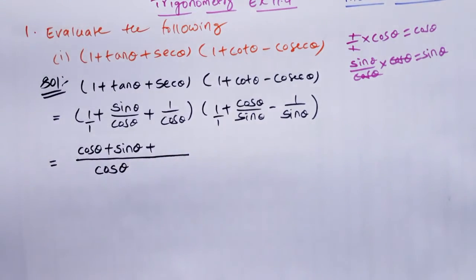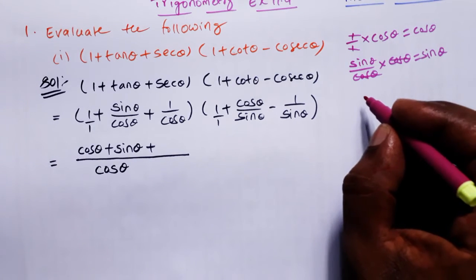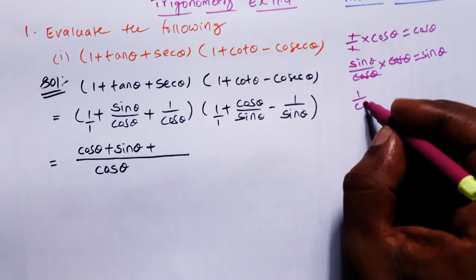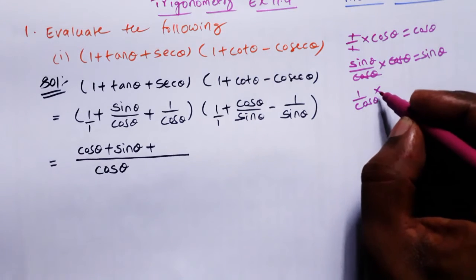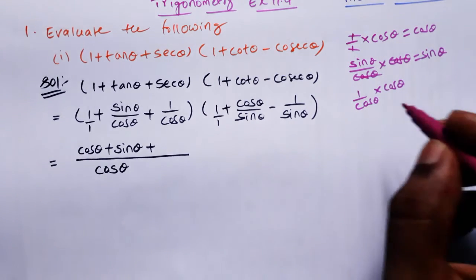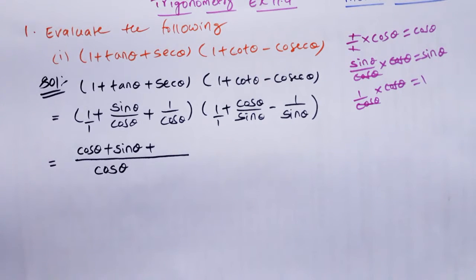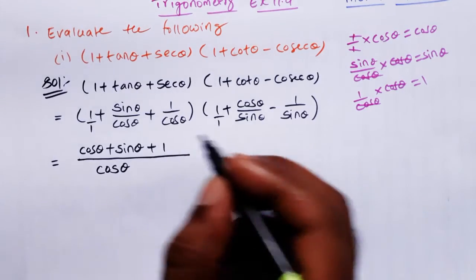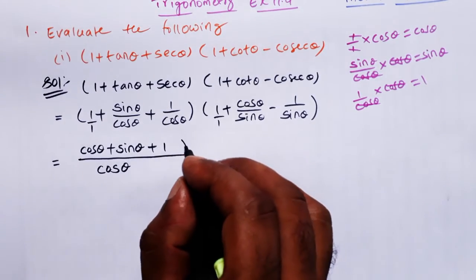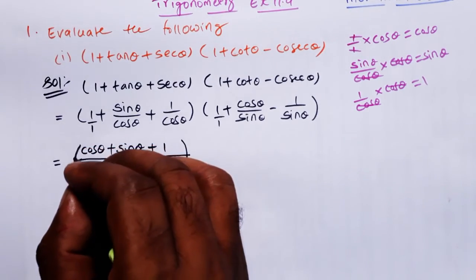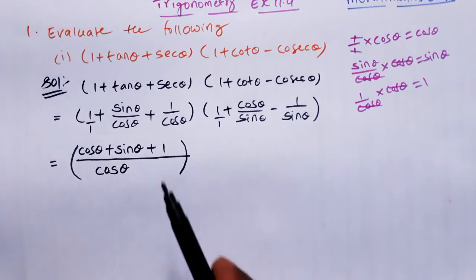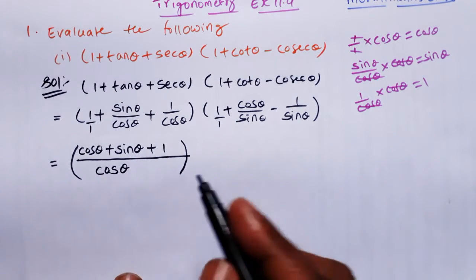Plus. Next third fraction what we have? We have 1 by cos theta. Multiply with cos theta, LCM. Cancel, answer is 1. So that 1 you write here. So this one we got. So first one we simplified, we got this answer.